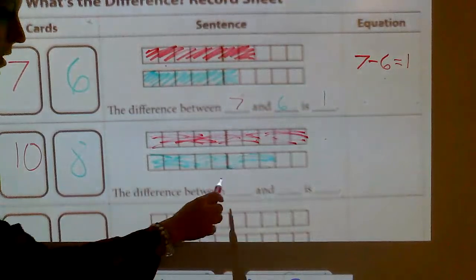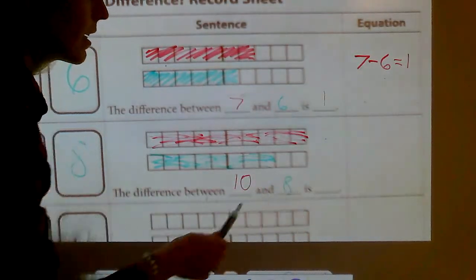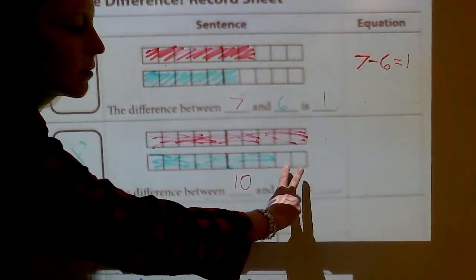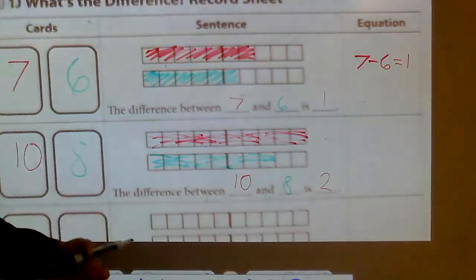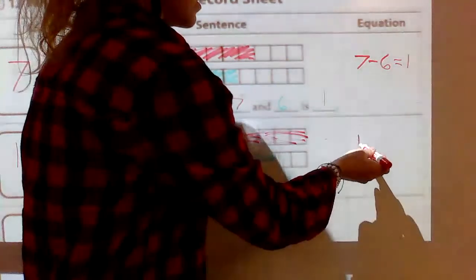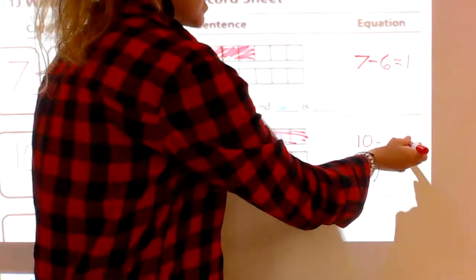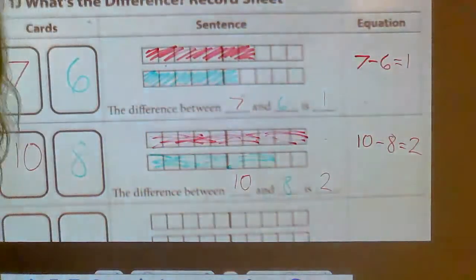The difference between 10 and 8 is what? How many blank squares? It's 2. The equation for that difference is 10 minus 8 equals 2. There, now you can see it.